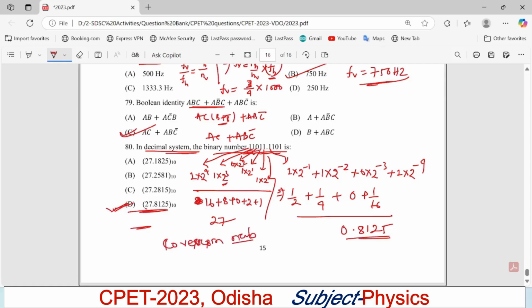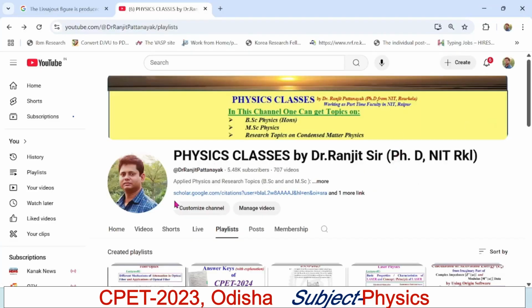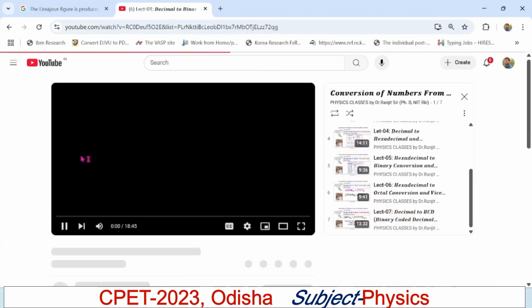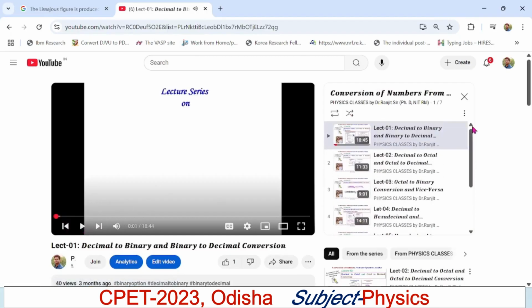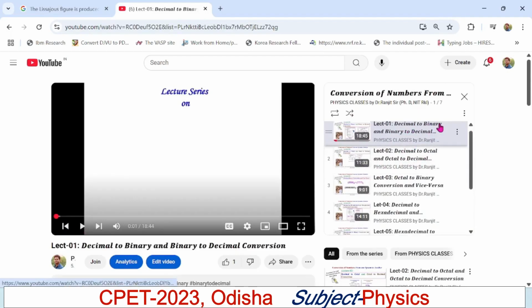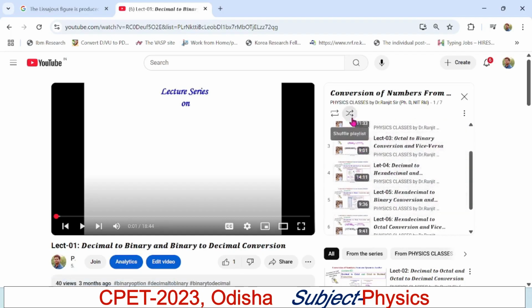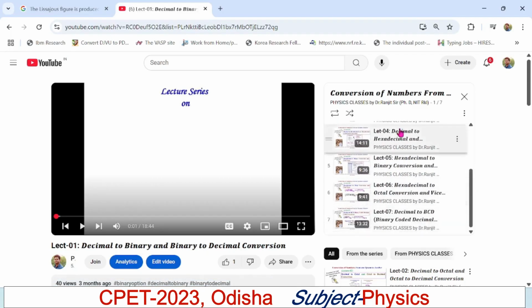In that playlist you can find conversion of decimal to binary, binary to decimal, decimal to octal, octal to decimal, and fractional also: fractional decimal to binary, fractional binary to decimal, fractional decimal to octal, fractional octal to decimal, octal to binary, decimal to hexadecimal, hexadecimal to binary, and other different types of conversions, whatever is in your digital physics, I kept over here. You just watch.